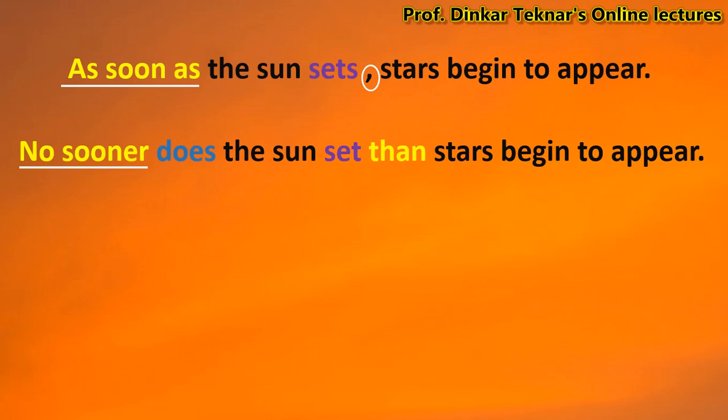In the second sentence, the comma is replaced by than. After no sooner, the auxiliary verb does is used, and so sets, the main verb, becomes set.